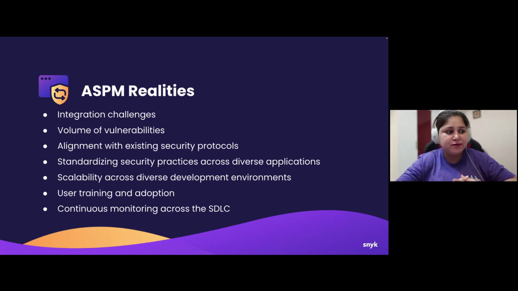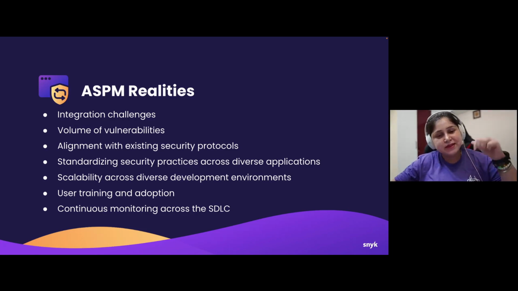It might require a lot of communication and collaboration, and it might even need a suggestion from the top down saying that you need to implement ASPM. So if we don't understand it, if we don't put the trust within the teams, these integration challenges will always be there.